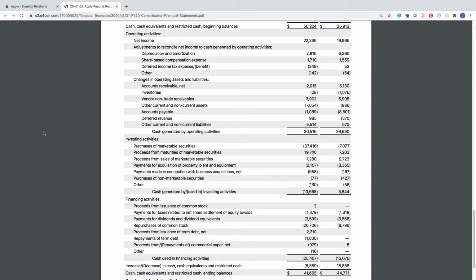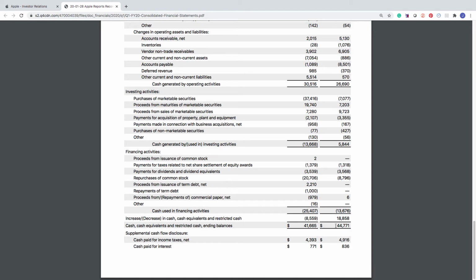So let's talk about the three key items here: cash generated by operating activities, investing activities, and financing activities. So what this tells us is that Apple has generated a huge amount of cash from its day-to-day operations, roughly $30.5 billion, a huge amount of money.